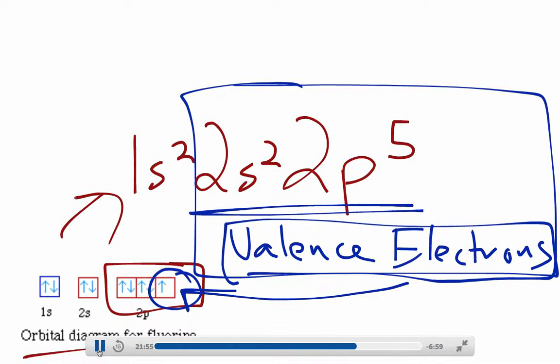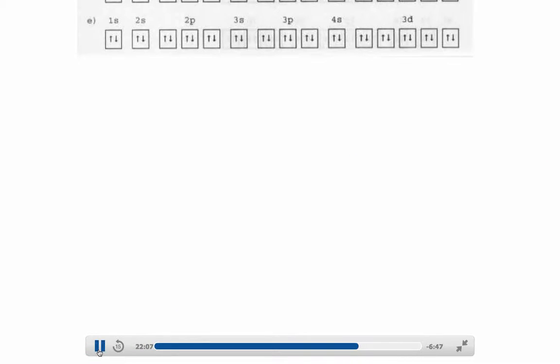In fact, there's another way, a shorthand, to write electron configurations. Because you can imagine, just like orbital filling diagrams, when we get into really big elements we're going to have really crazy electron configurations. So here, let's look at our element zinc and write its electron configuration. Its orbital filling has been done.